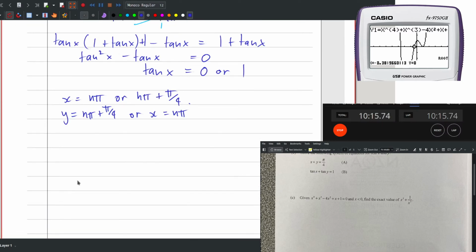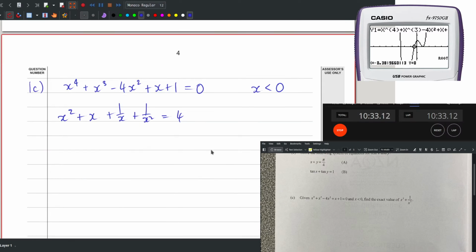I mean, that's like pretty much it, right? Oh, wow. Technically negative, I think. Negative n pi. Yeah, there we go. Hmm.